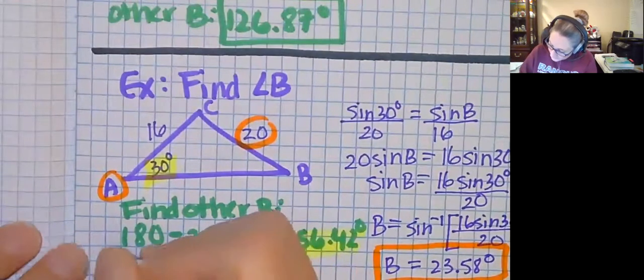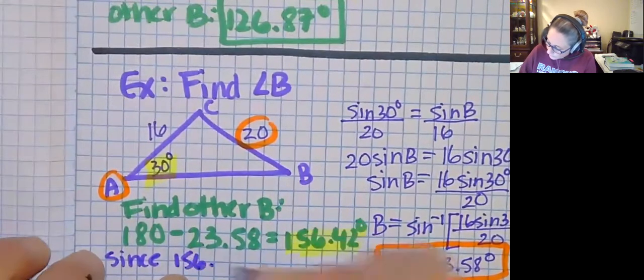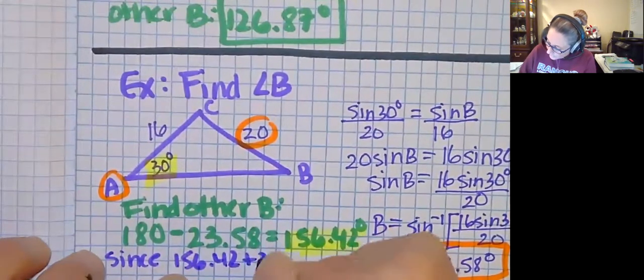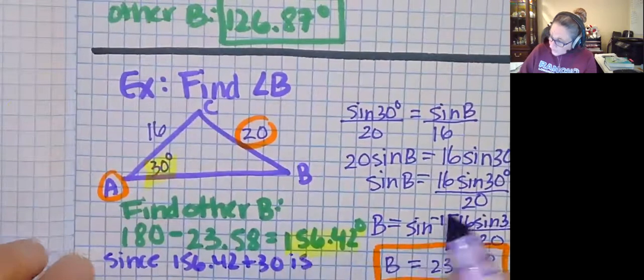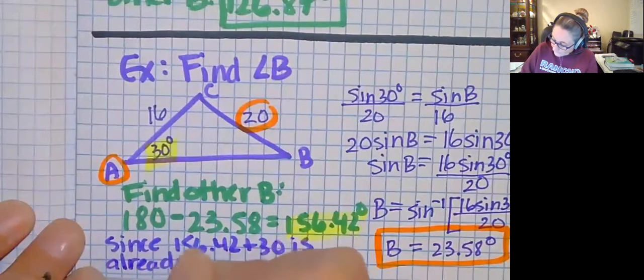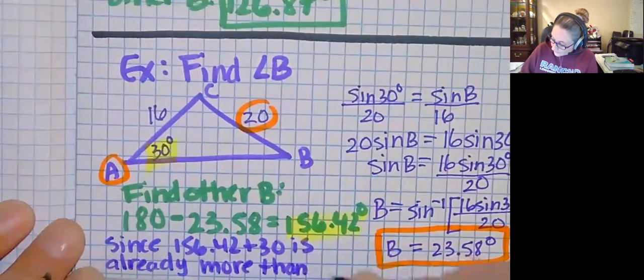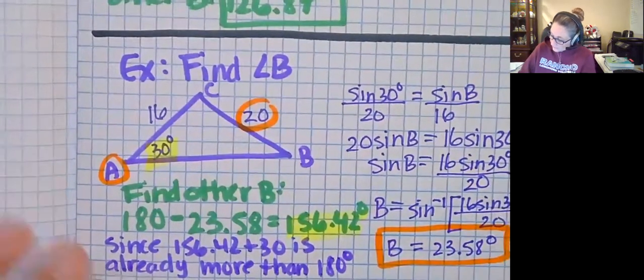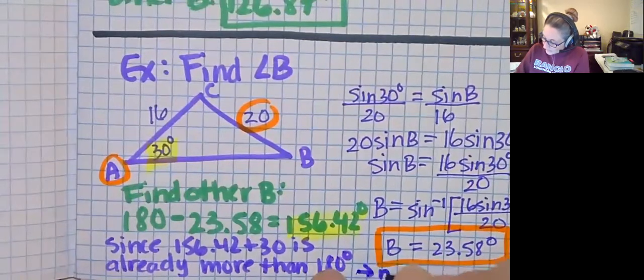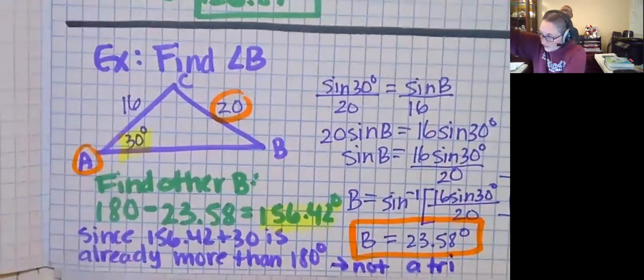Since my 156.42 plus my 30 is already more than 180, not a triangle.